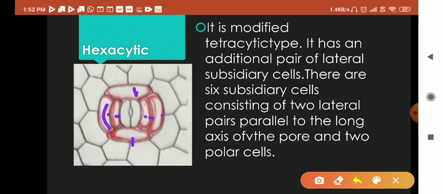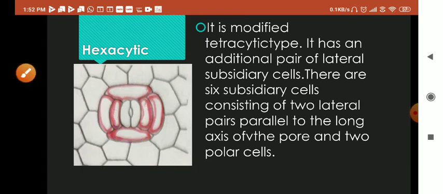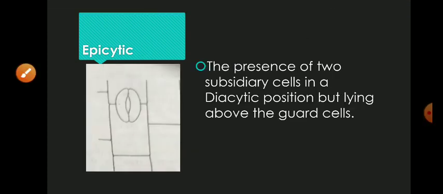Again you can see that they have 1, 2, 3, 4, 5, 6. So they have 1, 2, 3, 4 and these 2 extra subsidiary cells have joined them. Next is epicytic.